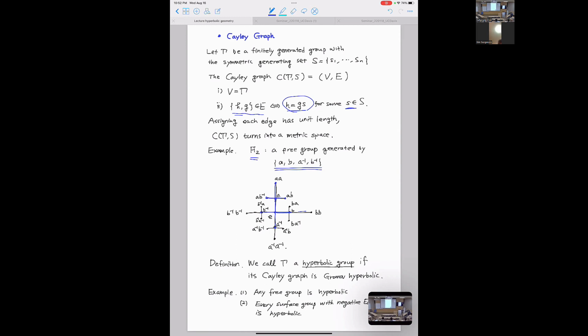So there is a unique geodesic joining 2 points, and you can check that triangles are zero-thin. So any free group is a hyperbolic group. And also the closed surface group with negative Euler number is hyperbolic also.